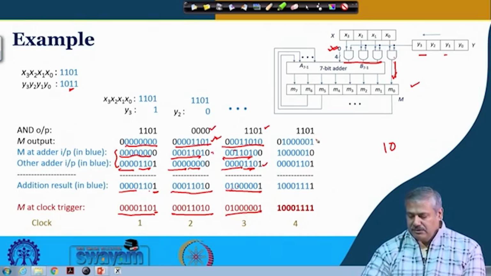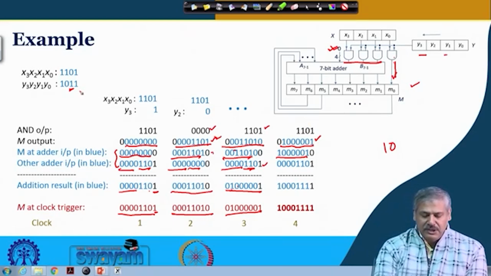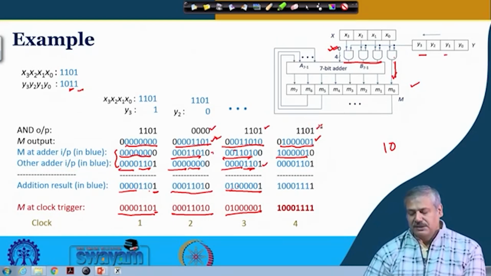So, this will now be coming here in the next clock cycle, and this is the input, the M0 to M6, 7 bits will go as adder input. And here again Y0 is 1, so this is 1101.